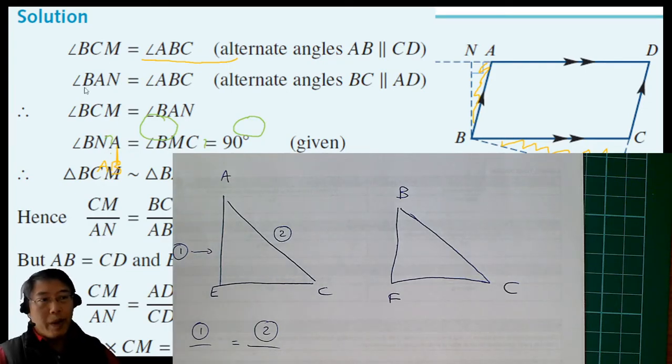Have a look back at the way they're looking at the angles. There are different ways that can be done. There's not only one way to prove that those two triangles are similar.